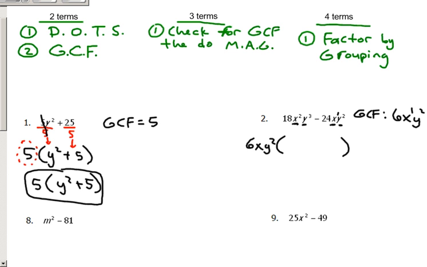That means I'm going to divide each term by 6xy squared, which tells me what's left inside. 18 divided by 6 is 3. X squared over x gives me x. Y to the third over y squared gives me y. Minus 24 over 6 is 4. The x's cancel, the y squareds cancel. Here's our final answer.